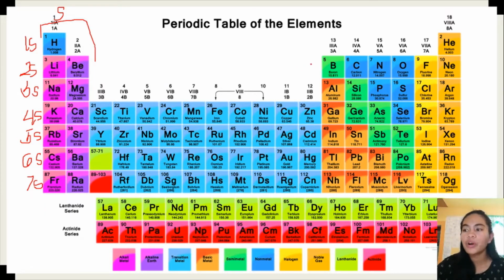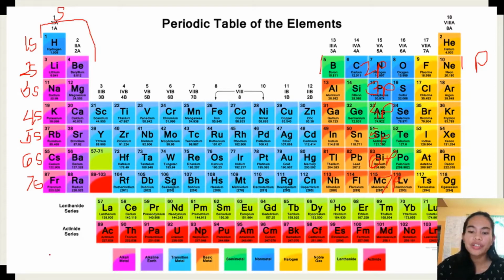Okay, let's move on to the principal shell. We have here boron to neon and then we have nihonium to oganesson. This part actually takes the P, the principal shell, wherein the sublevel starts from 2p, then we have 3p, then 4p, then 5p, 6p, and then 7p.